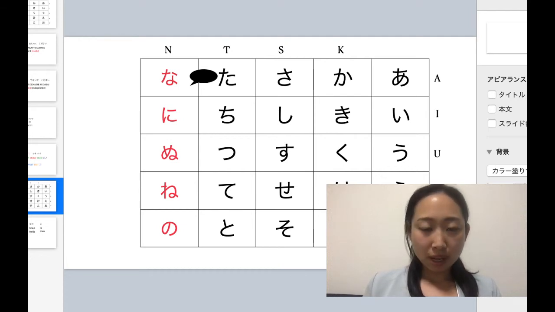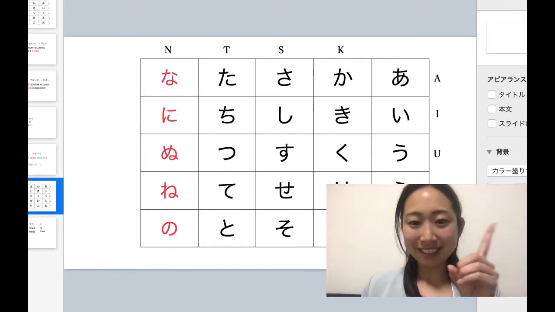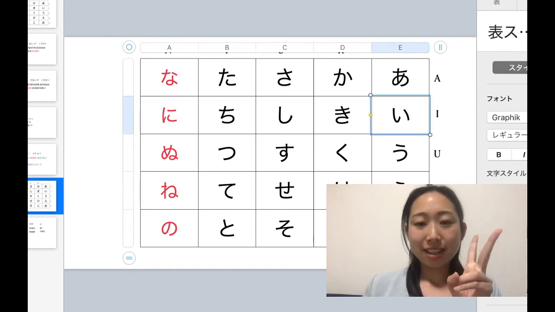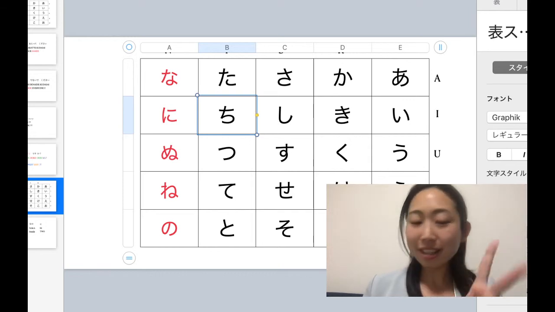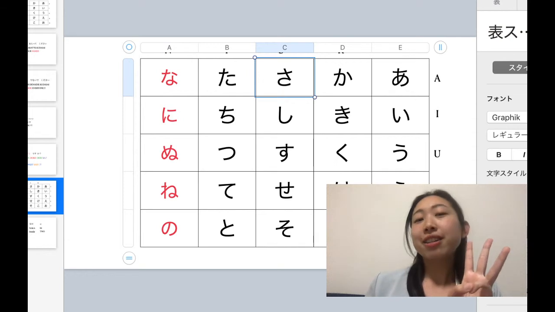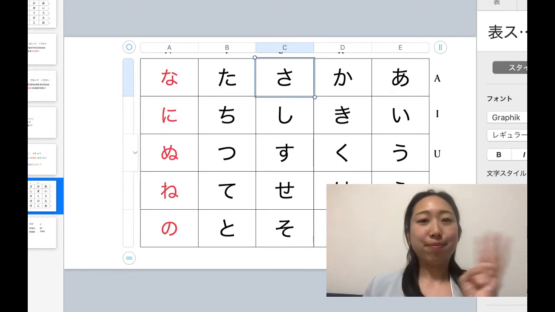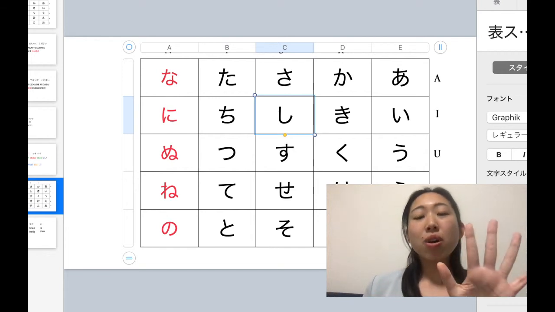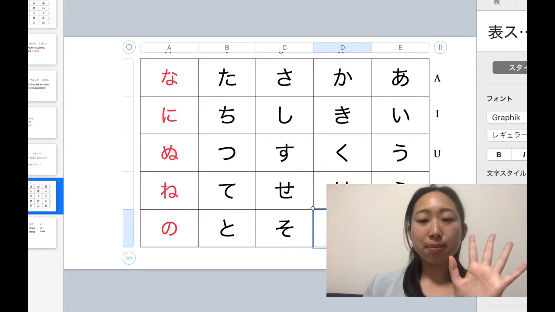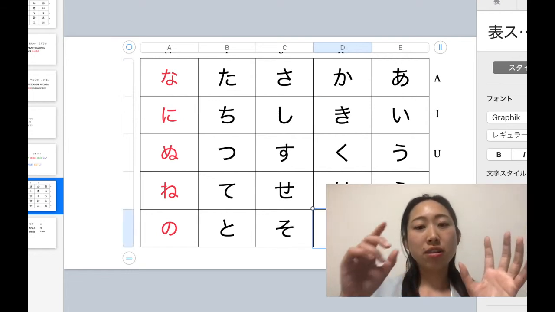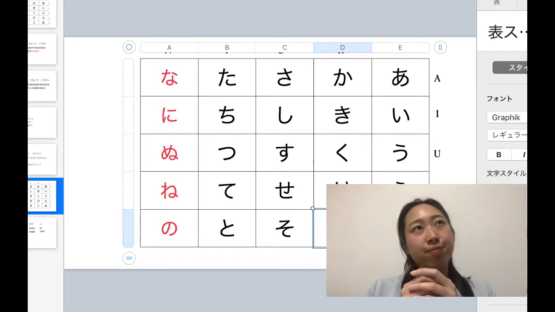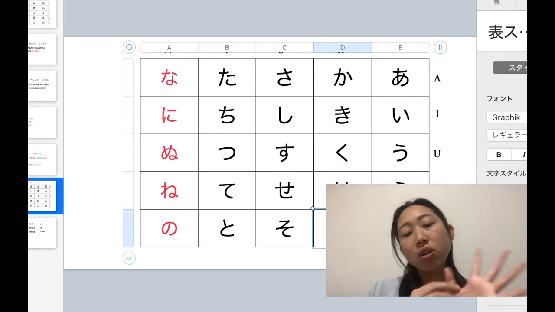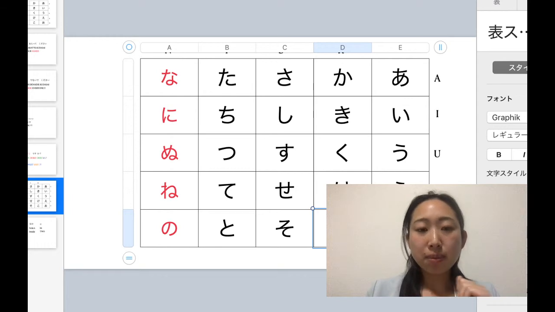Actually, you can make a lot of numbers already. 1, and 2, what we learned today, and 3, actually we will learn later, but 3 is simple, and 4, and 5, we will learn it later, but 5 has a little more accent, and we don't have 6 yet, but 7.